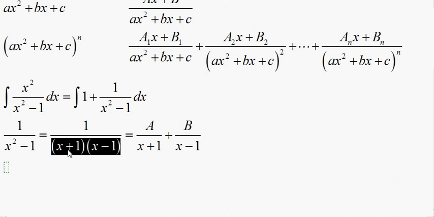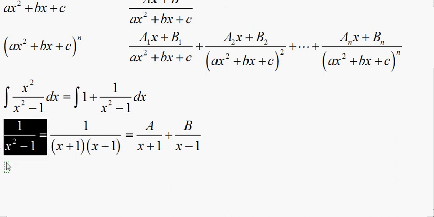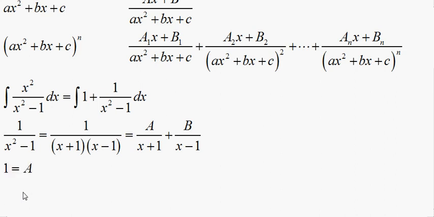Now again, you multiply by this bottom denominator on both sides. You can forget about this part, and you get 1 equals a times x minus 1 plus b times x plus 1.